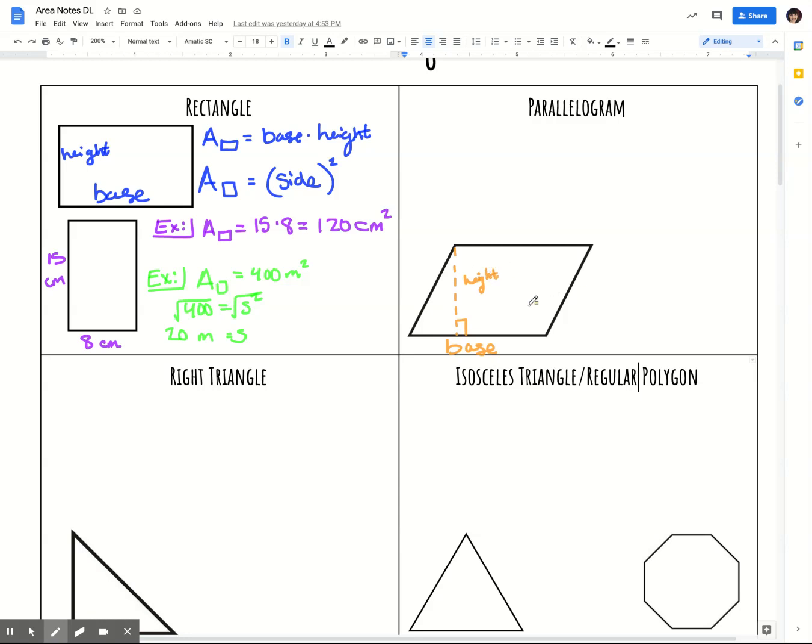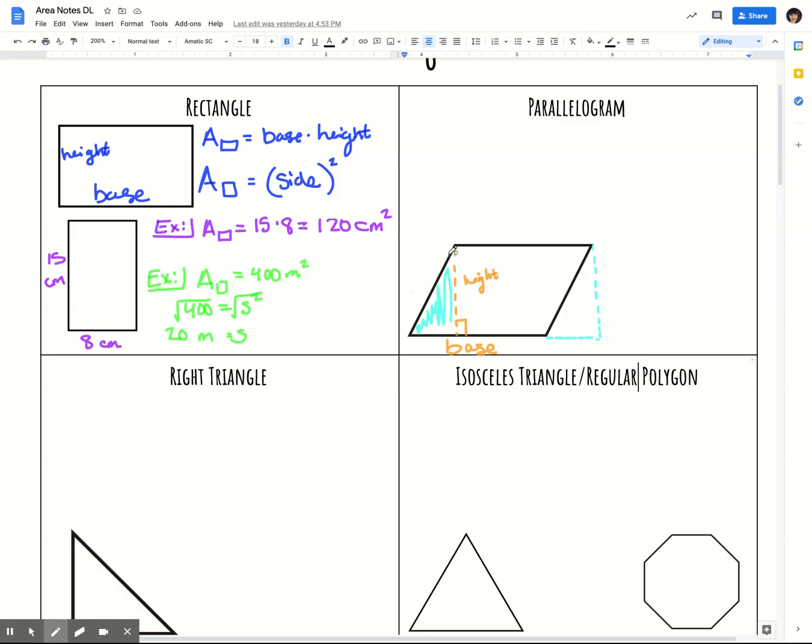What I want to show you, though, is even though the parallelogram looks different from the rectangle, the formula to find the area is the same.